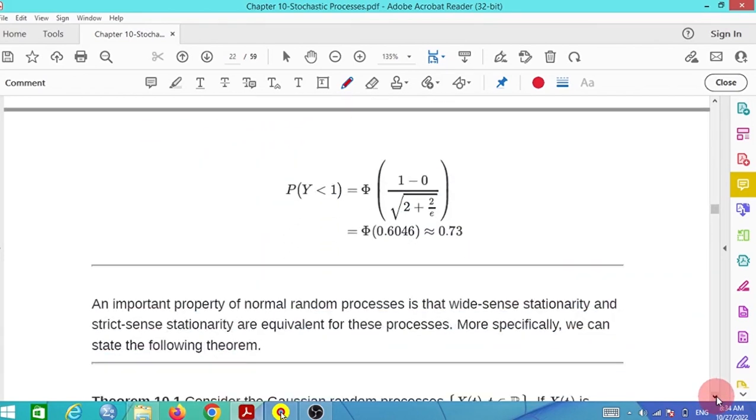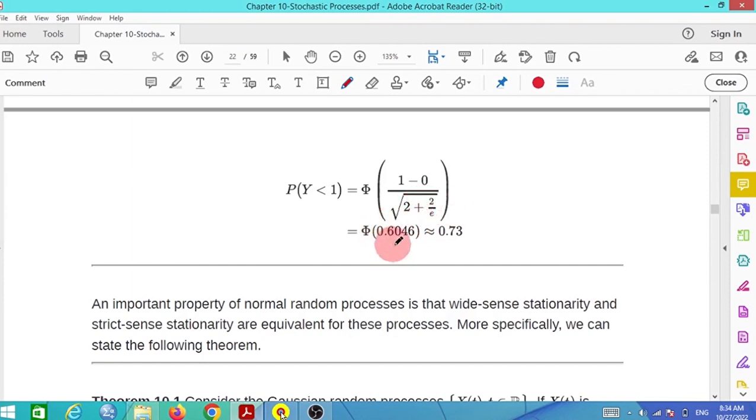We can compute the probability that Y is less than 1 as phi of 1 minus the mean of Y, divided by the square root of the variance.